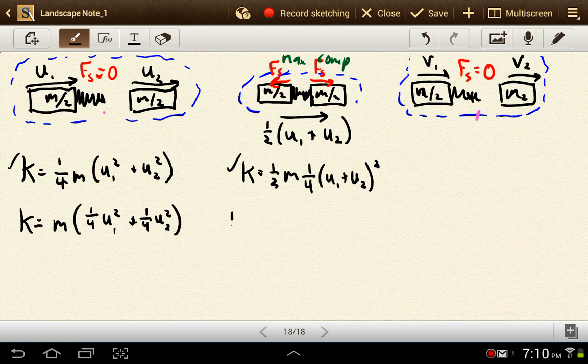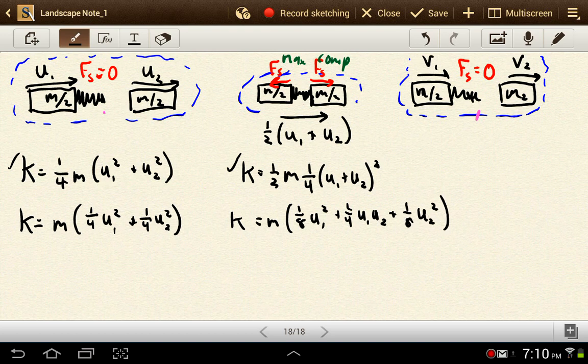And this kinetic energy is going to be equal to m times (1/8 u1 squared plus 1/4 u1 u2 plus 1/8 u2 squared), okay?